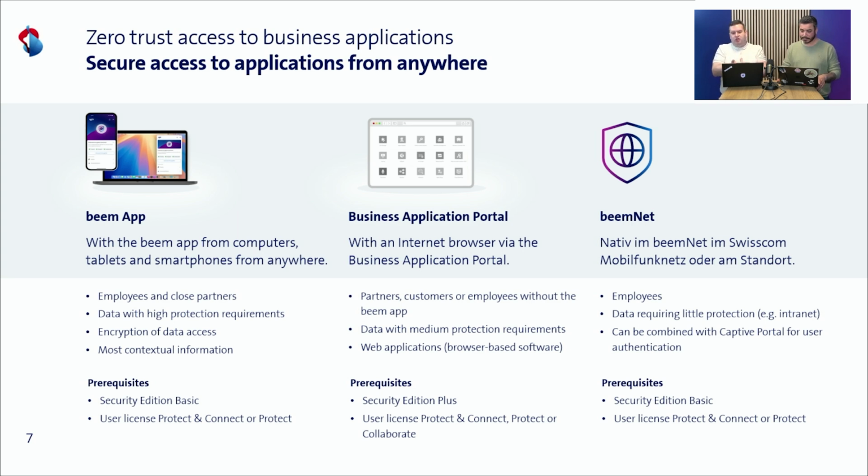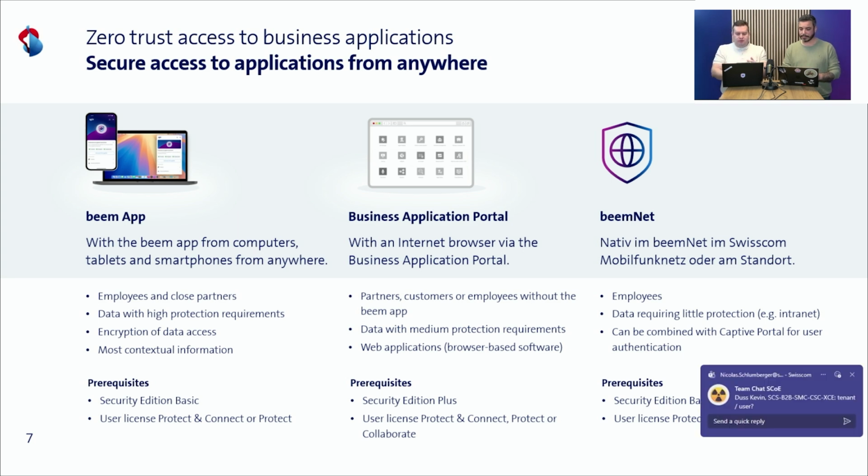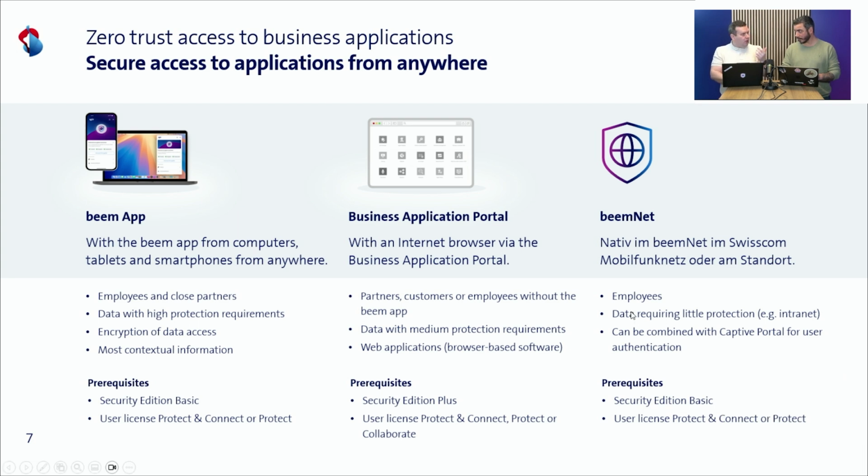So typically the application behind the business application portal is a web application. Technically, if you add some more features, for example the Guacamole store, we can also do web to RDP and web to SSH. But typically it's a web application, and it allows you to expose web applications to the partner and give them access to said application.